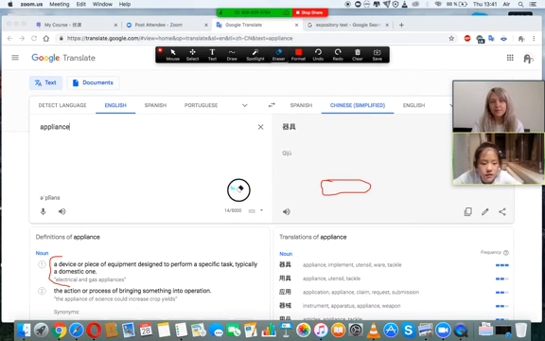A device or piece of equipment designed to perform a specific task, typically a domestic one. And an example, electrical and gas appliances.